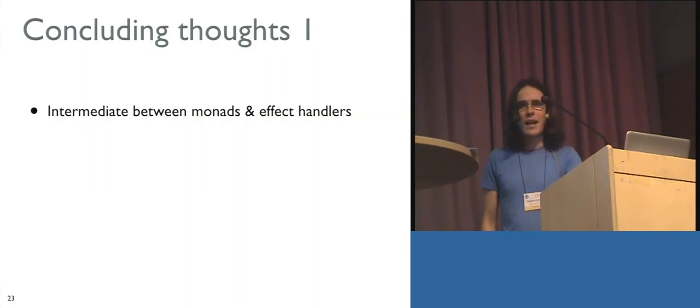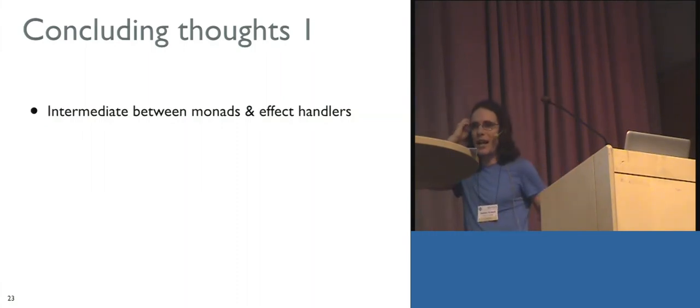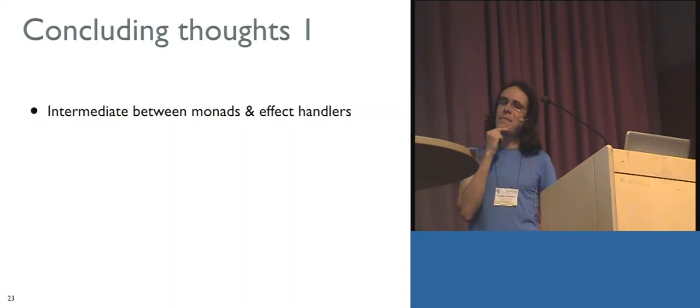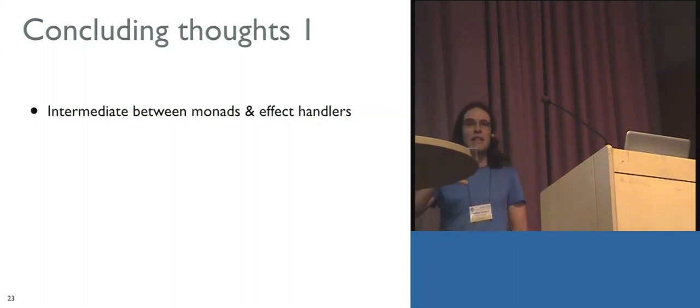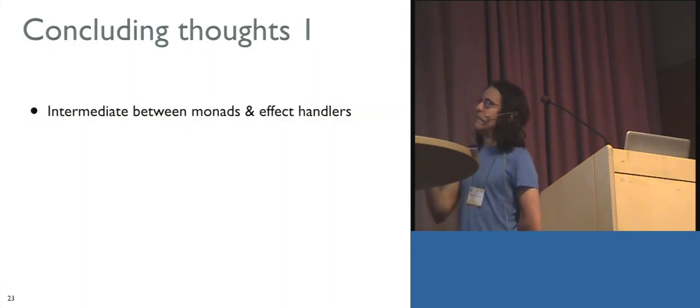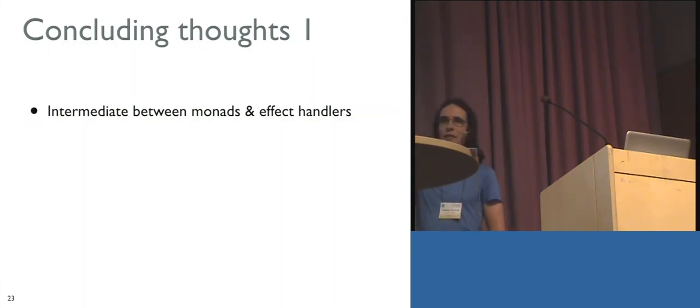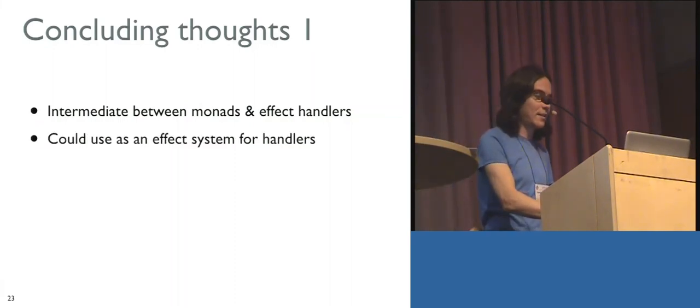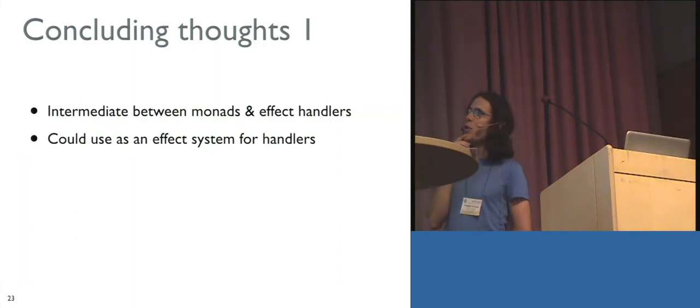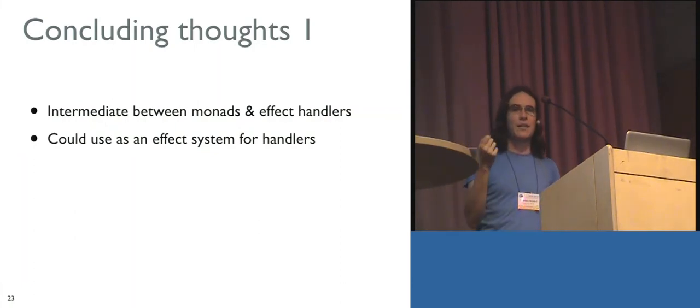So in conclusion, we've heard a lot about effect handlers, and I think they're really great. And I feel like this is some sort of intermediate between the two. So we have monads that are okay, but they're a bit stubborn. And this is somewhere between the approach of monads and the full flexibility of effect handlers. But I also think that you could use this as an effect system for your handlers.